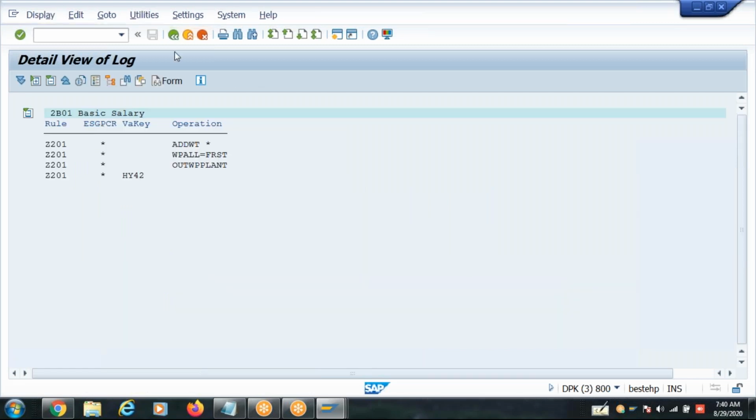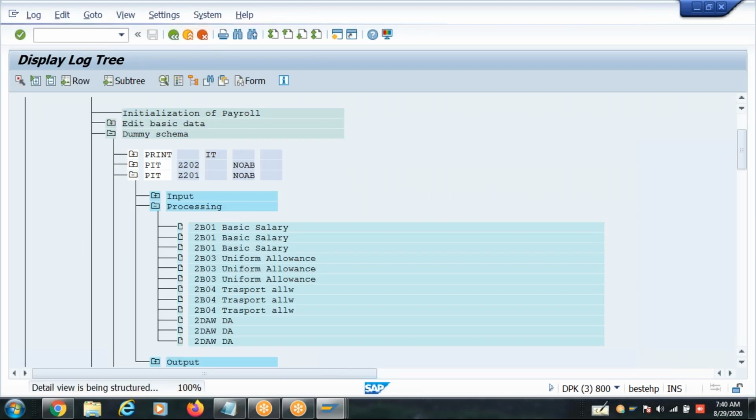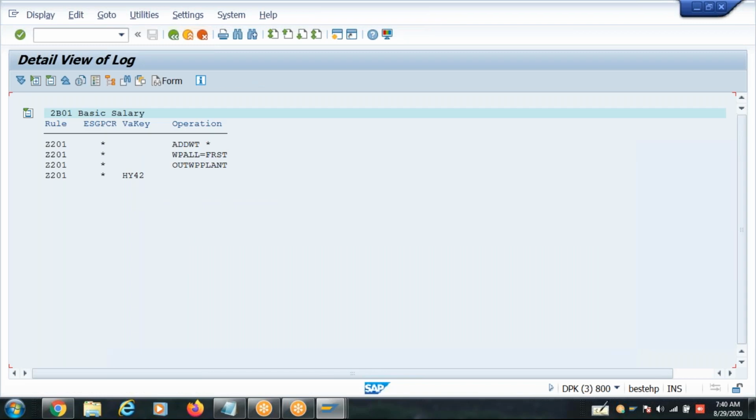So reading the first entry, even for the last entry, it reads the first entry. Okay. Is it clear?